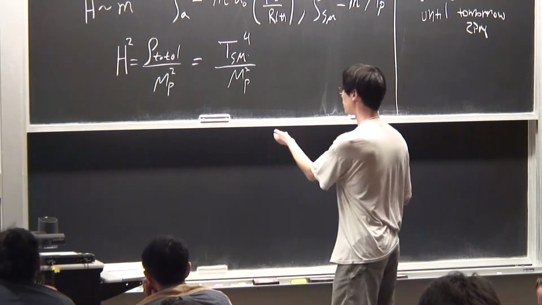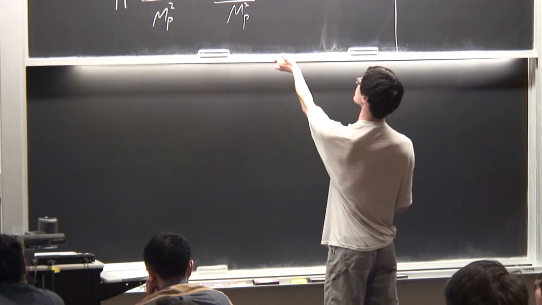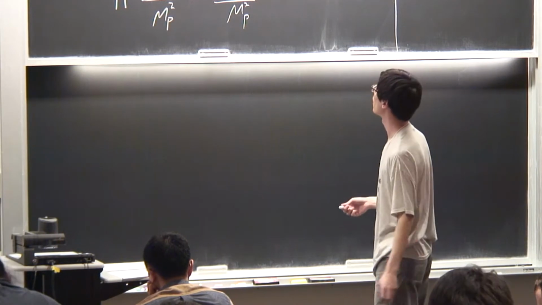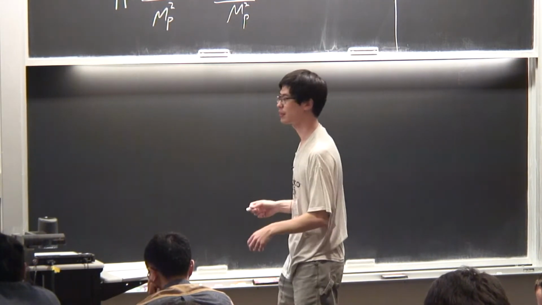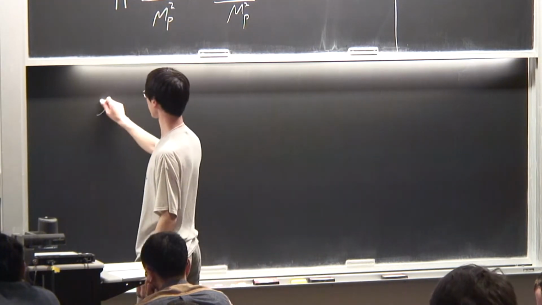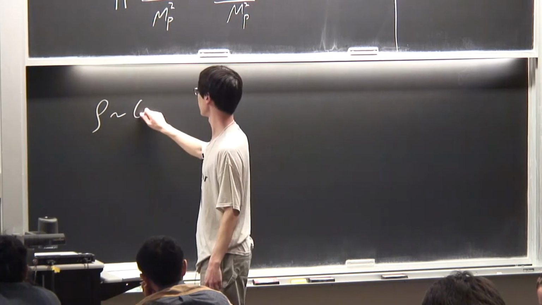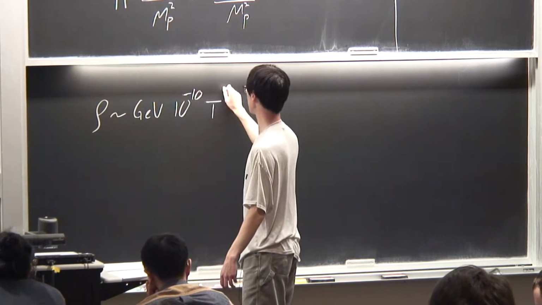The easiest way to say that, at least the trick that I use, everyone has their own trick, is to say that at high temperatures, to get the right number abundance, you need rho to be basically GeV times 10 to the minus 10 T cubed.